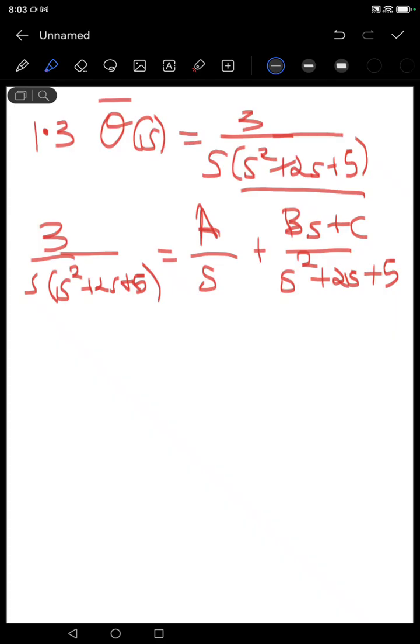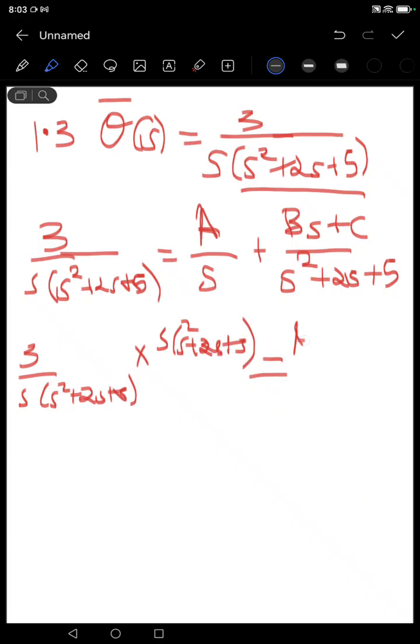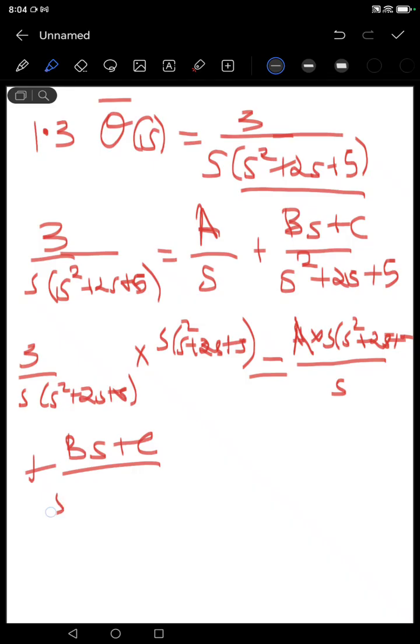So it's going to be 3 over s into s squared plus 2s plus 5, multiplied by s into s squared plus 2s plus 5, all equals A multiplied by s into s squared plus 2s plus 5 all over s, plus bs plus c over s squared plus 2s plus 5 multiplied by s into s squared plus 2s plus 5.